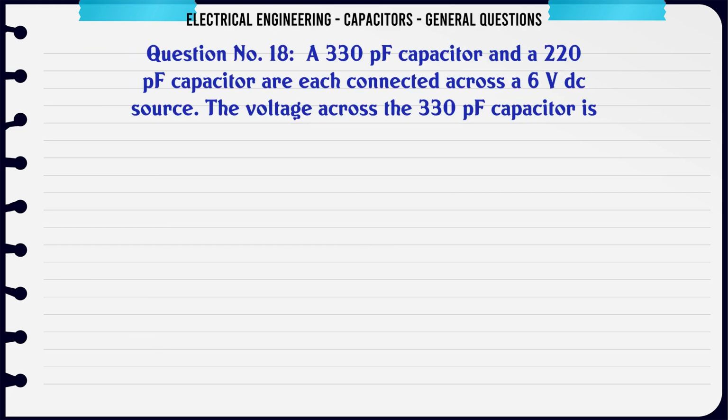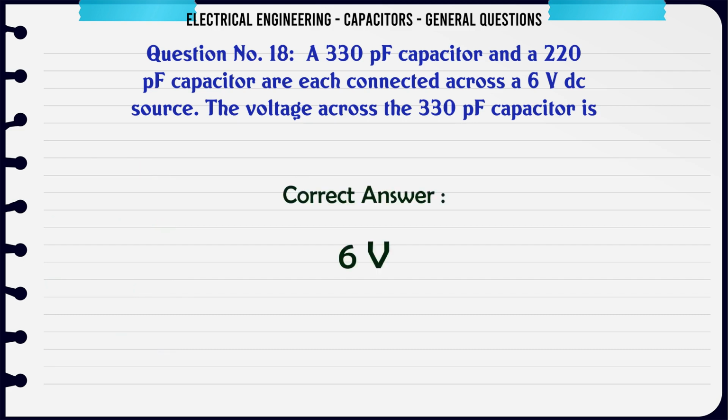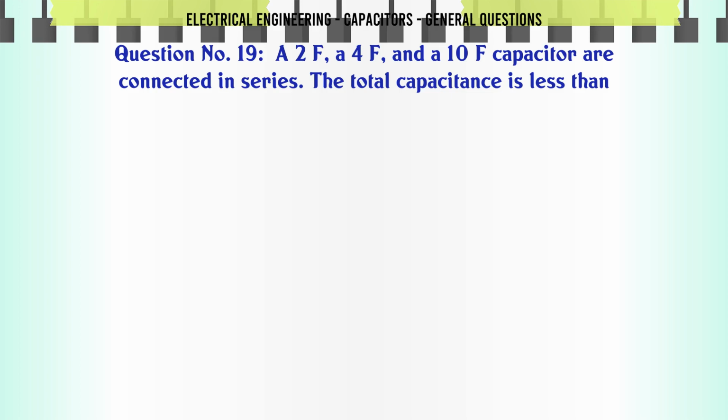A 330 pF capacitor and a 220 pF capacitor are each connected across a 6 V DC source. The voltage across the 330 pF capacitor is A 3 V, B 6 V, C 4 V, D 0 V. The correct answer is 6 V. A 2 µF, a 4 µF and a 10 µF capacitor are connected in series.